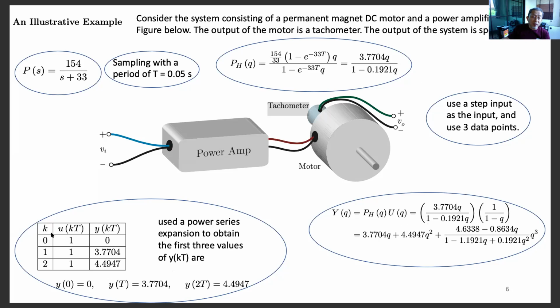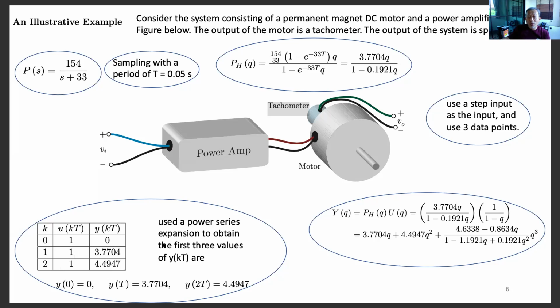At k equal to 0, the input U is 1 volt on the step, and we produce y0. At k equal to 1, the input is 1 and the output is 3.77 volts, and at k equal to 2, the input is 1 and the voltage equivalent speed is 4.49. Of course, the speed will be higher at 4.49 compared to 3.77.